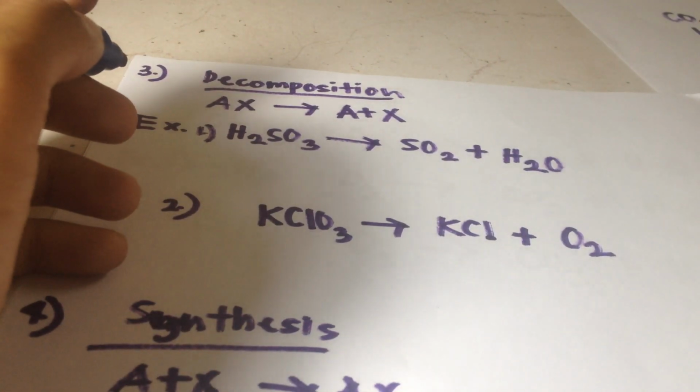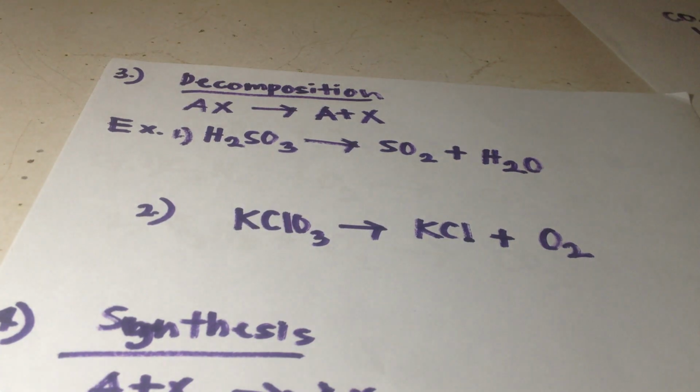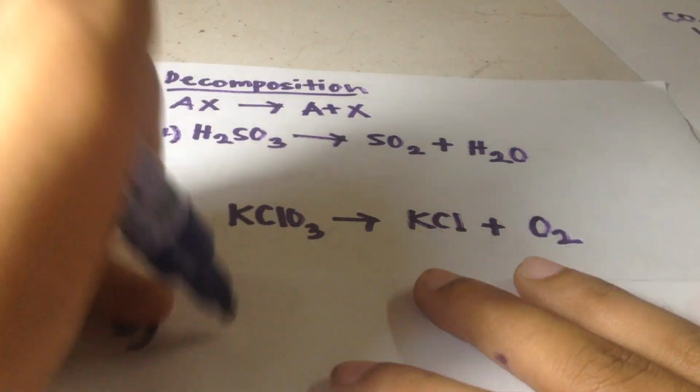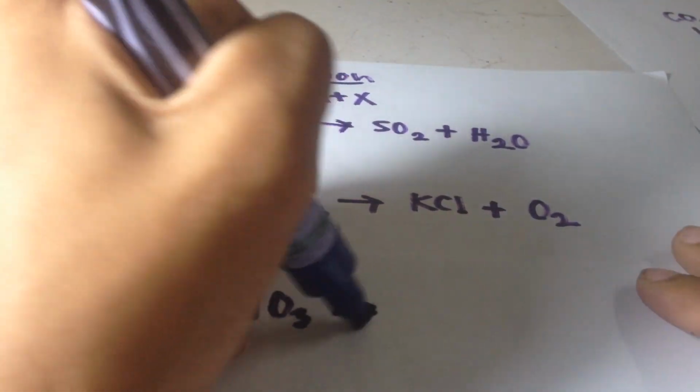How about in number 2? In number 2, potassium chlorate reacts to KCl, potassium chloride, plus oxygen gas. So KClO3 reacts to KCl plus O2.